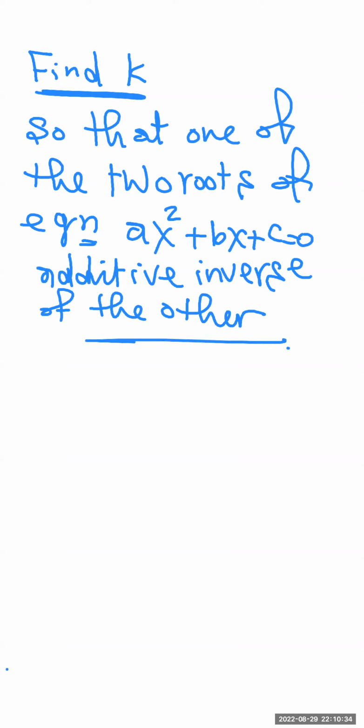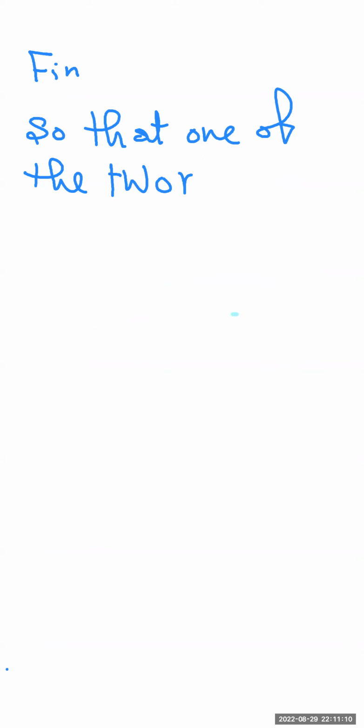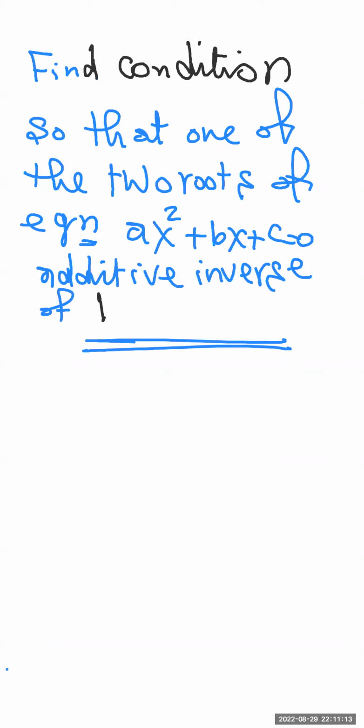In this question, there are no numbers at all. Here, we want to find the condition. Okay? Find the condition so that one of the two roots of this equation is the additive inverse of, sorry, I want to correct this one, of twice the other.